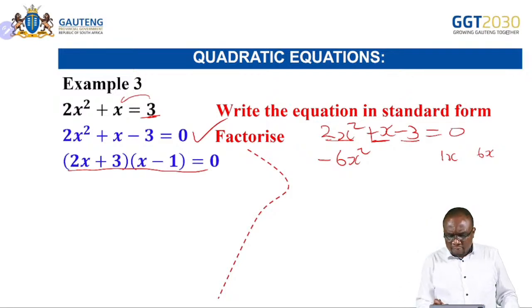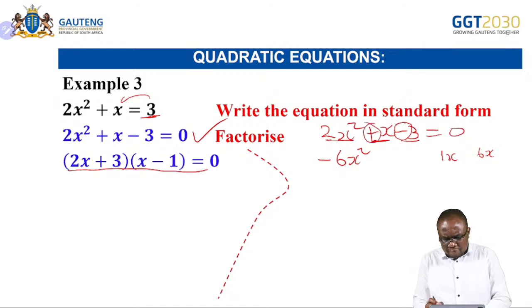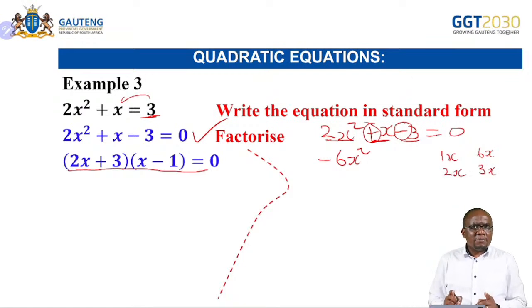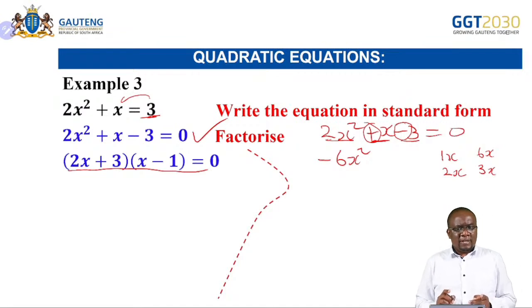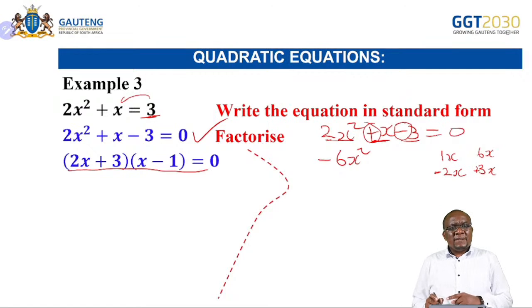Because here, this shows us that one factor must be negative and the other factor must be positive, and the bigger factor must be positive. What about 2? 2 goes with 3. This can give us a 1 somehow, because 3 minus 2 is 1. So the bigger factor must be positive, so 3 must be positive and 2 must be negative. And then negative 2 times 3 is negative 6. Do you see that we're getting this?